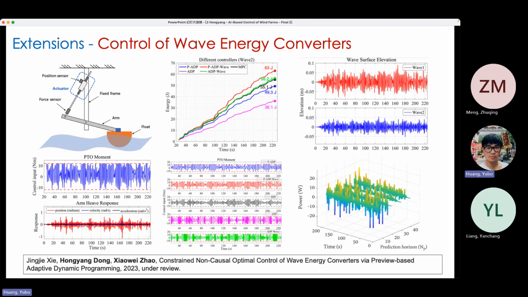So the dirty job is done offline, and then we apply it in real time to achieve closed loop control. So when we apply it online, the computational cost in terms of running time is much smaller than that of MPC. So I think that can prove this method is applicable.